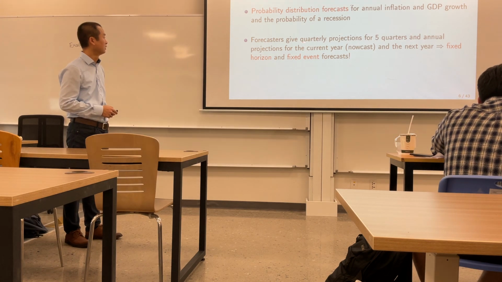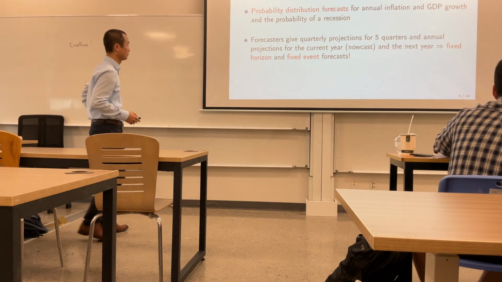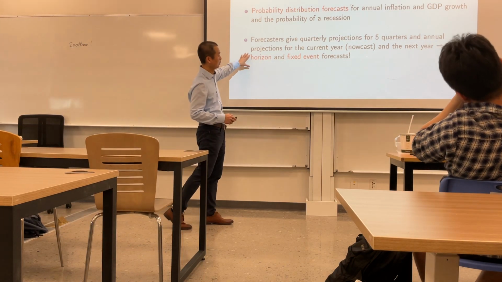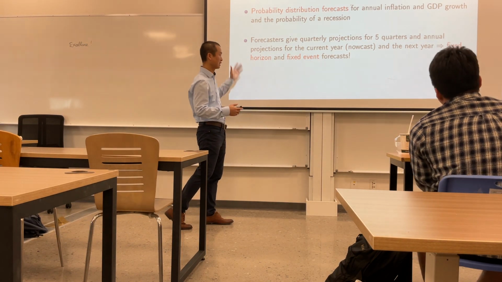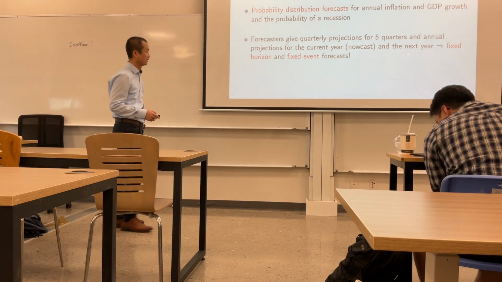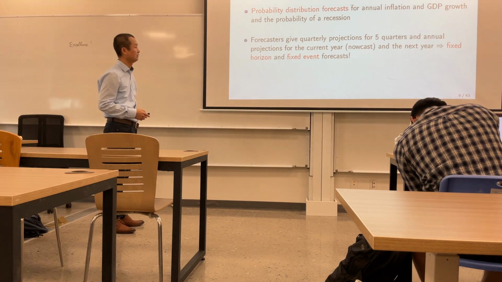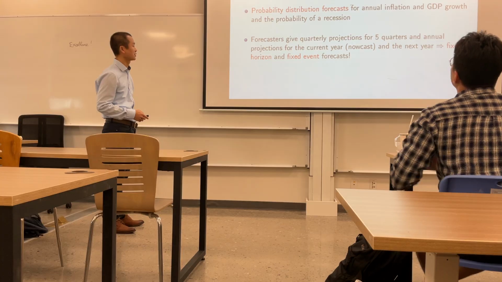And professional forecasters here can give projections quarterly over the next 5 quarters, an annual projection for the current year and the next year, and the longer-term forecast as well.